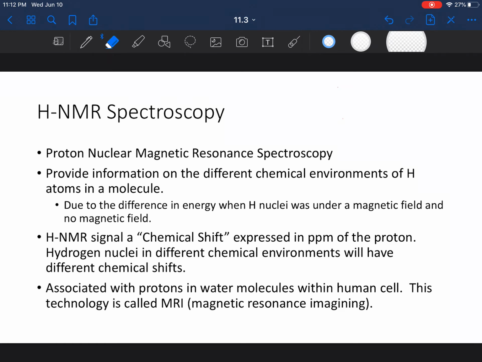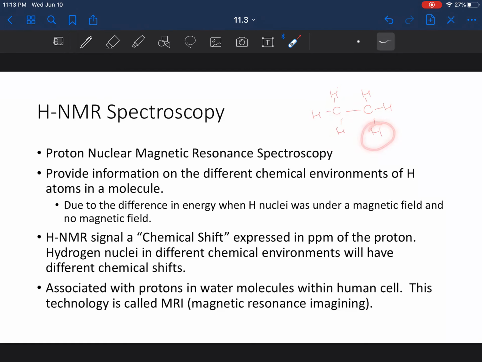Let's take a look at another example. This is ethane. How many hydrogen environments does this have? Well, let's take a look at this hydrogen. This hydrogen is connected to this carbon that is connected to 2 hydrogens and another carbon. You can say the same thing about this one and this one.